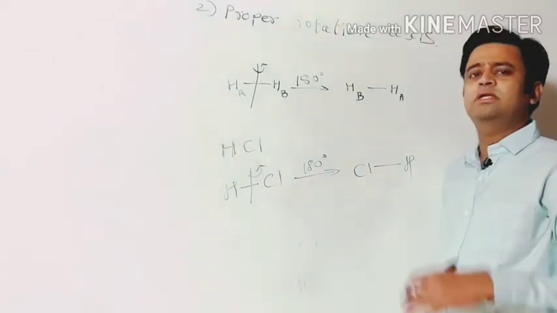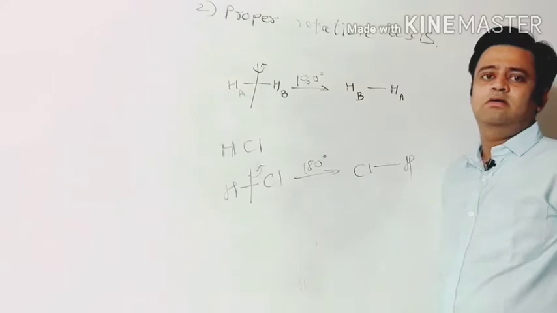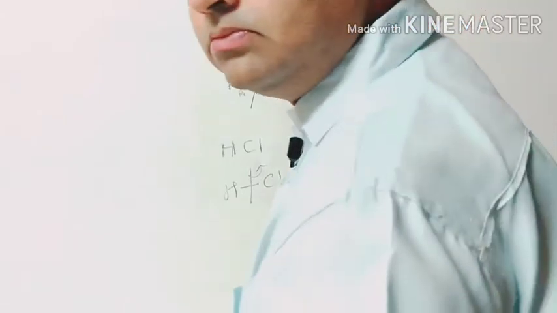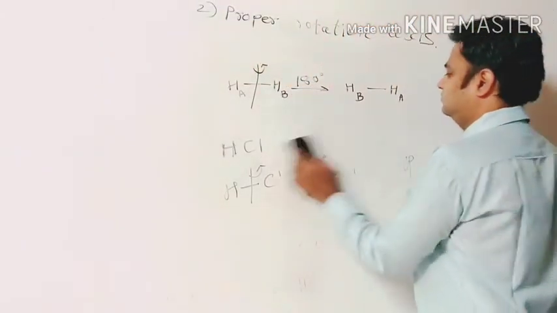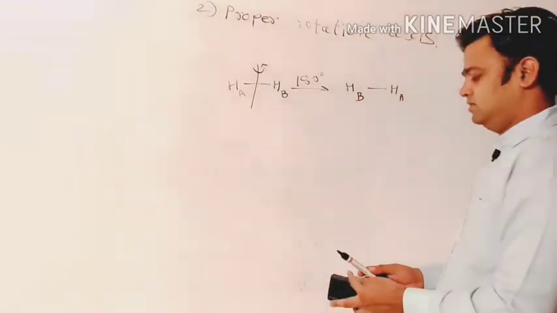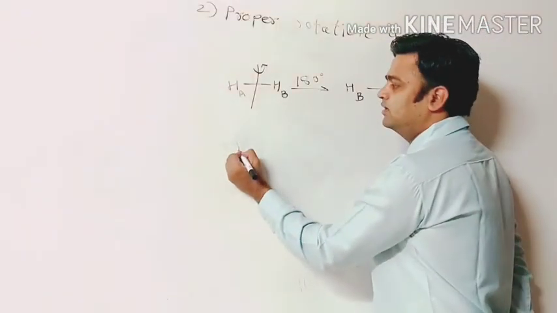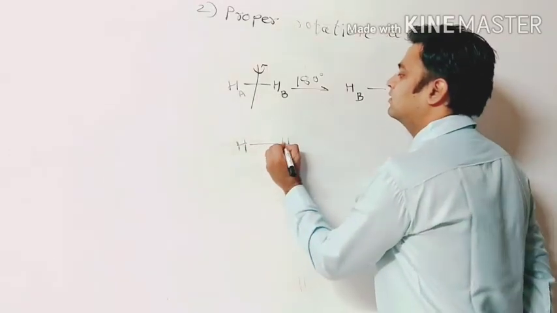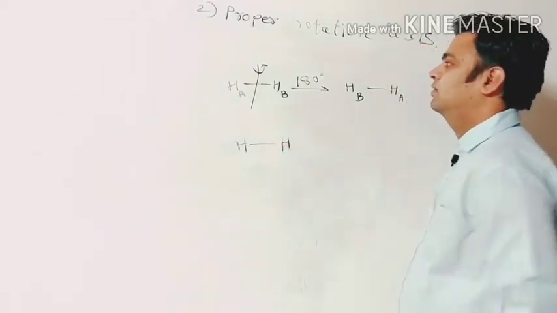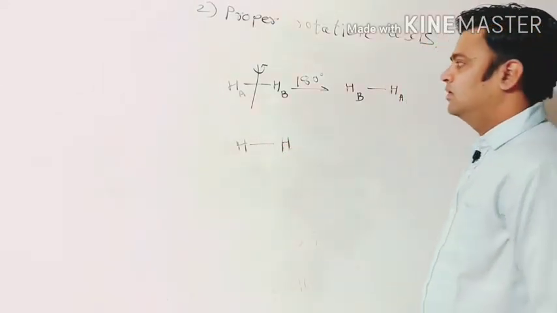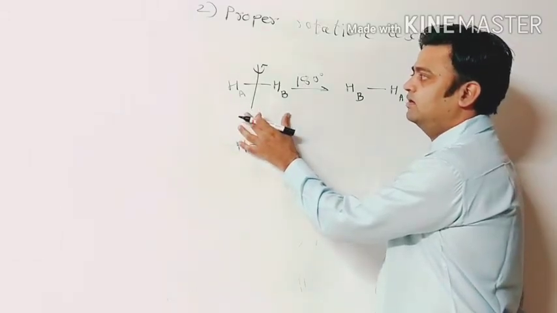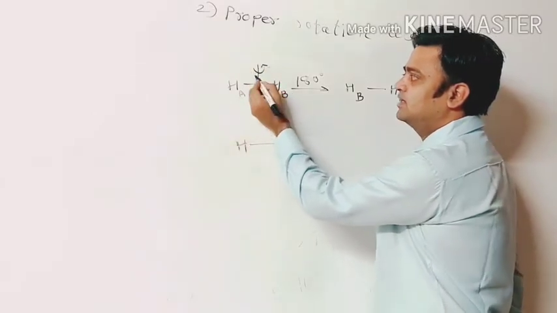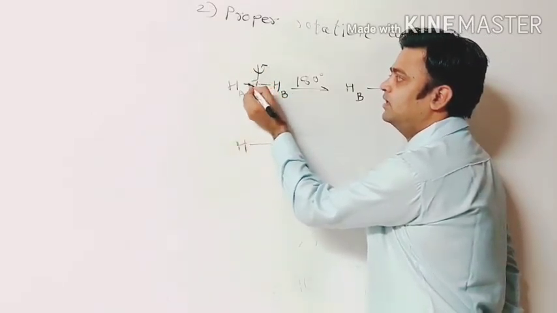Sometimes more than one rotation axis we can also get. How? Let's see. Consider H2 only. We have rotated the molecule by taking axis perpendicular to the bond.